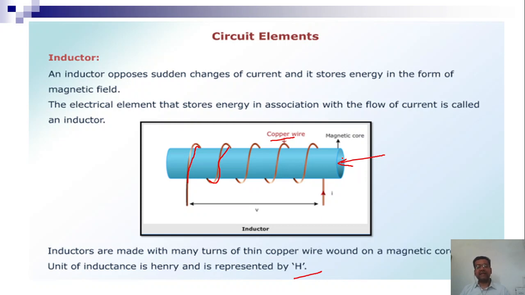Core is a material which will allow you to transmit your energy magnetically. Because of that reason we use a core made of certain material. So this is called your inductor.